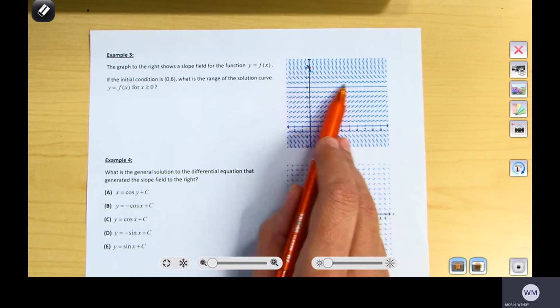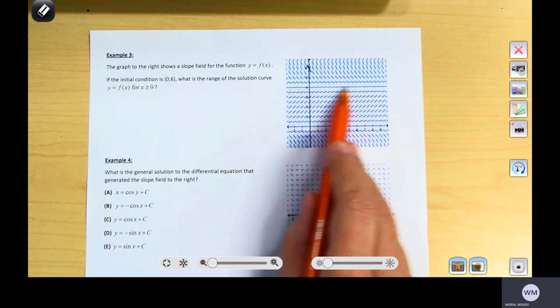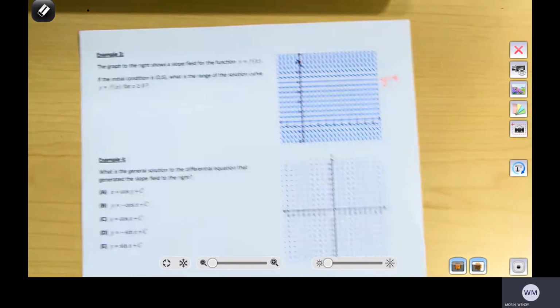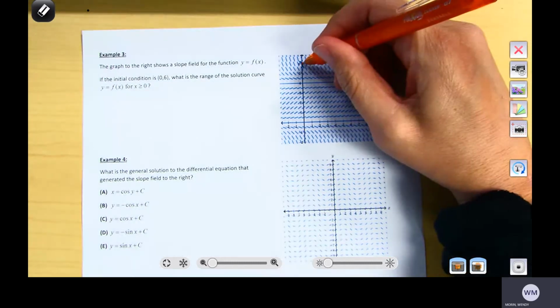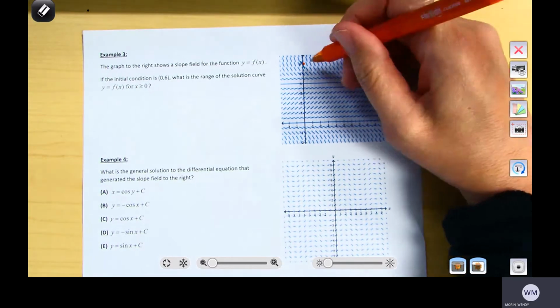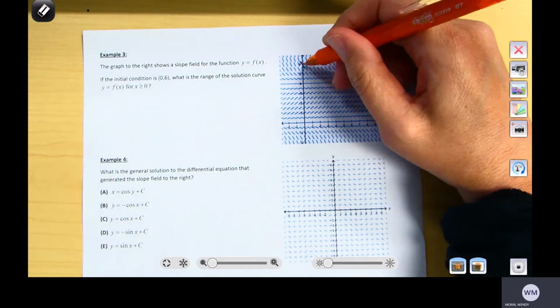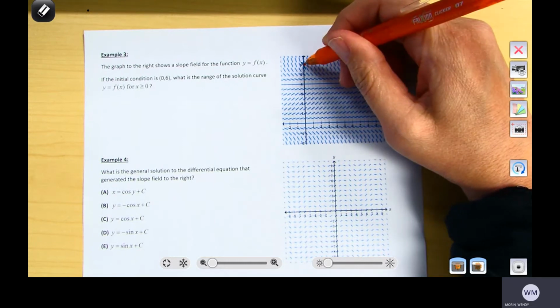And these are little mini tangents. And look at this right here. This looks like a horizontal asymptote at y equals 4. So based on everything that's given, the only thing that we know is that this point is on the graph, and it's going to be tangent to one of these in here, and it's going to approach this.